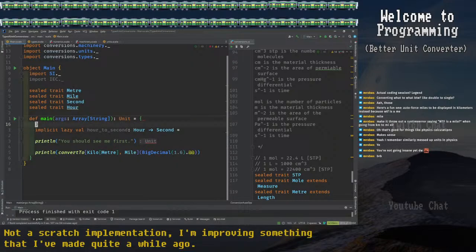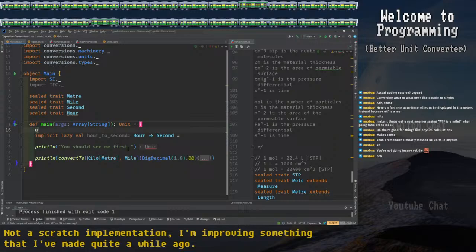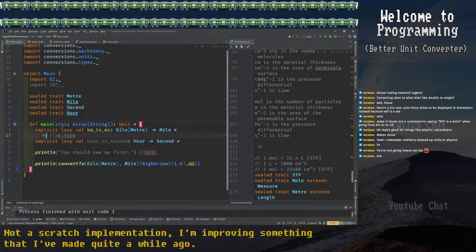Let's give this a real value, right? What was the value again? It was like 1.61.